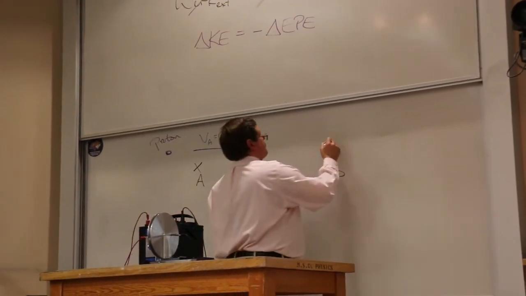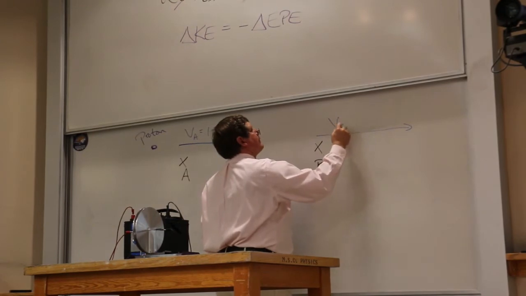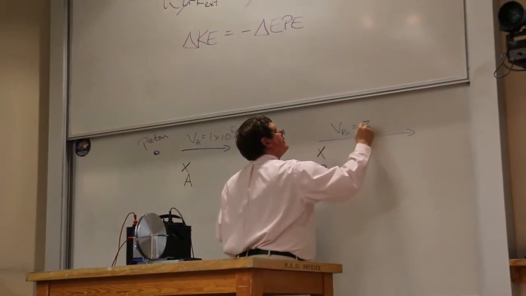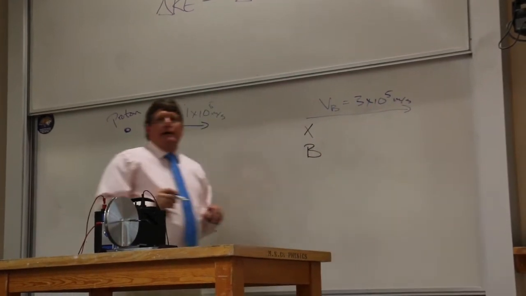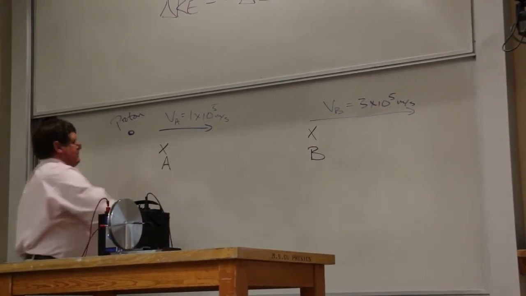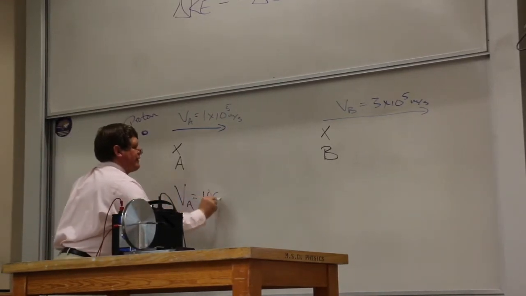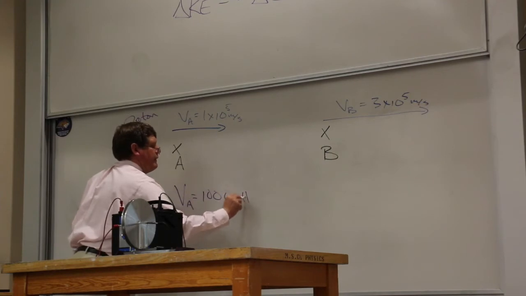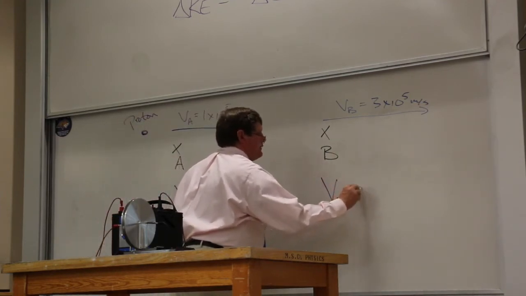And when that same proton gets to B, it's going 3 times faster. And we're told that the voltage at A is equal to 1,000 volts. And we want to know what the voltage at B is.